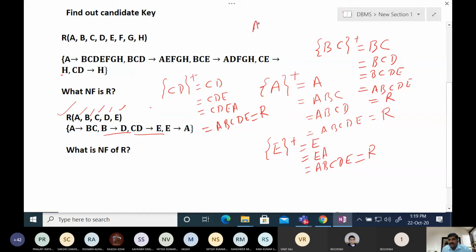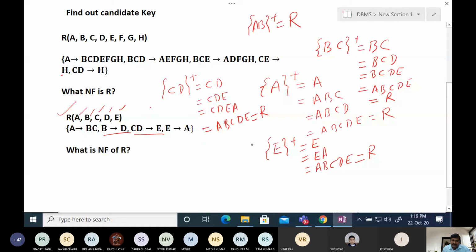AB is a super key. Find out the closure of AB, then we will get all the attributes of R. But AB is not a candidate key. Why? B is an extraneous attribute in this set. We have to find the minimal set of attributes which is able to determine all the attributes of R.